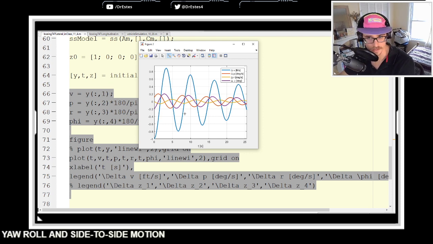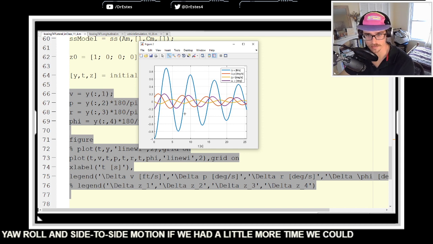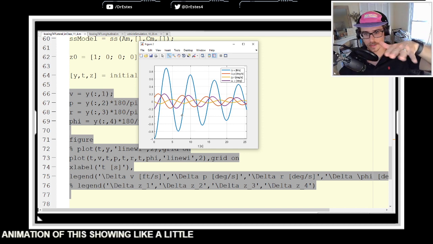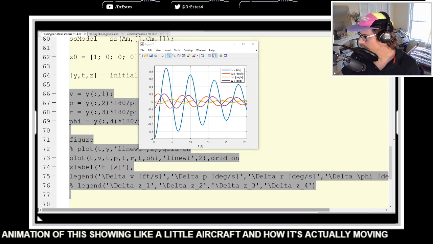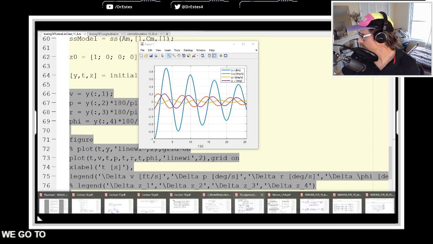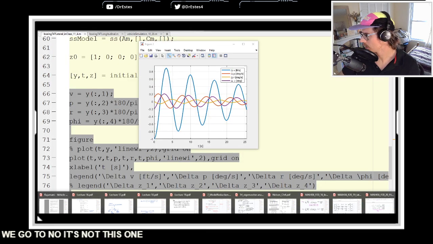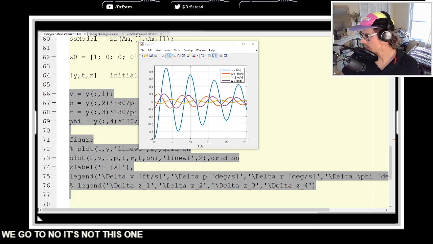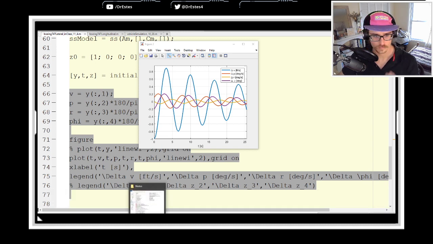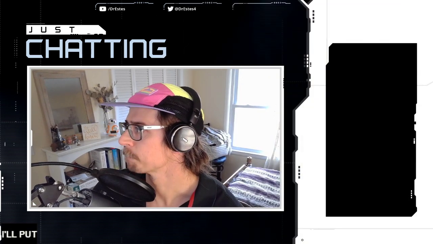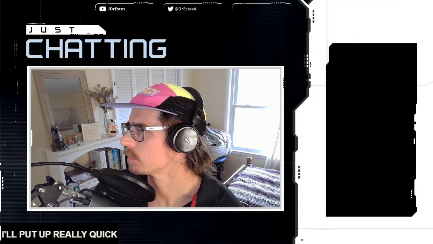If we had a little more time, we could make an animation of this showing a little aircraft and how it's actually moving. Where's that figure? I'll pull it up really quick.